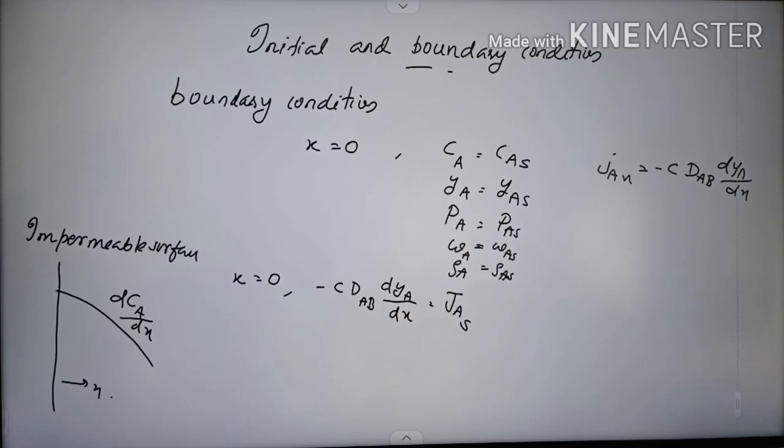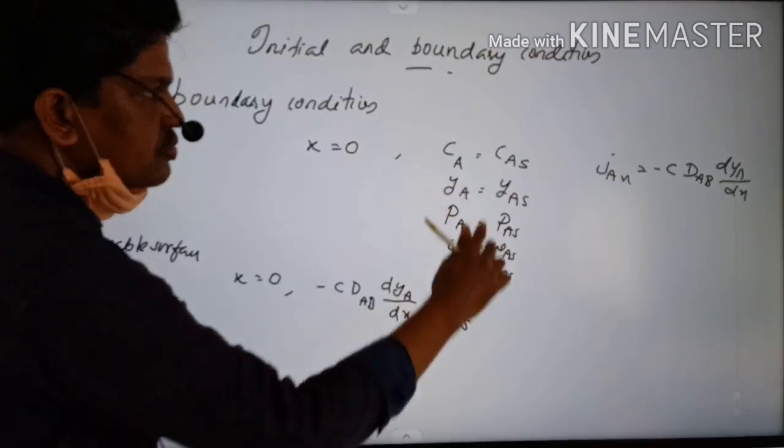Then another boundary condition, suppose for an impermeable surface. Impermeable means the mass is not permitted to cross. So for an impermeable surface, the diffusion flux is 0.